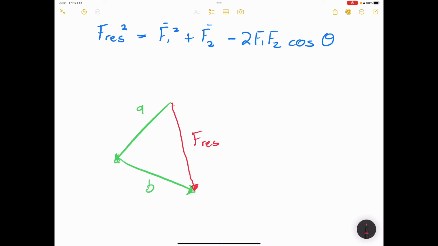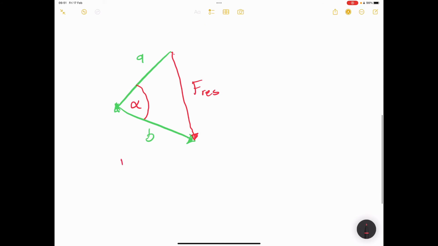What we would say in that case is that we've got two sides, the two sides A and B, and the angle in between them. Let's call this alpha. So once again, the resultant force squared would be equal to a squared plus b squared minus 2 times ab, the cos of the included angle, which is angle alpha.